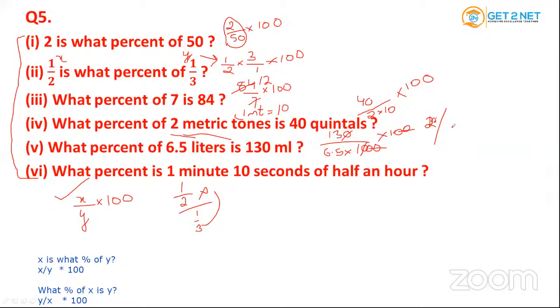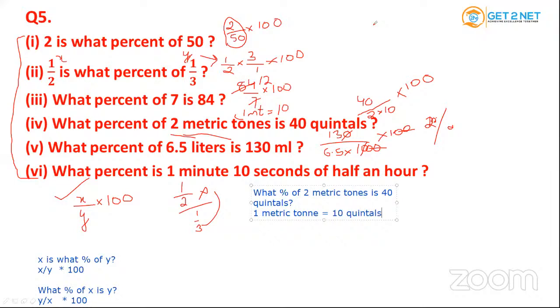Ma'am, the fourth one I did not understand. Which one? Ma'am, the fourth one, say it once more. Okay. Question is, what percent of 2 metric tons is 40 quintals? I gave you an extra information: 1 metric ton is equal to 10 quintals.